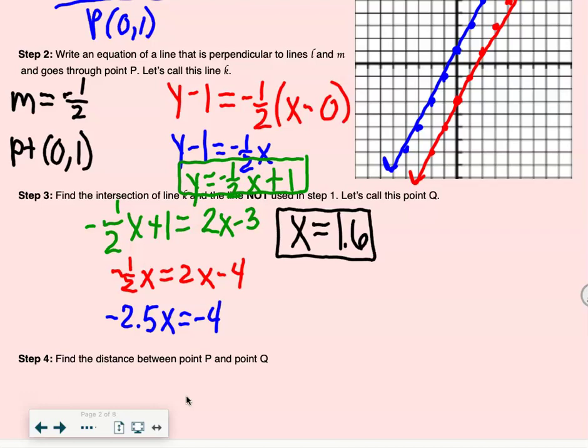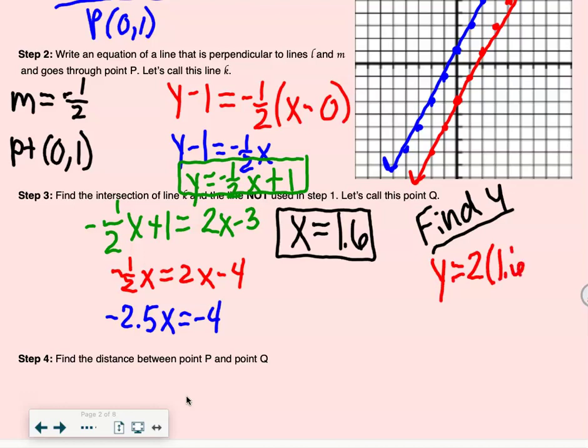We found x. How do we find y now? You guys remember? Yep, we have to plug back in. Do you want to plug into the left side or the right side? Right. I agree, it's nicer.